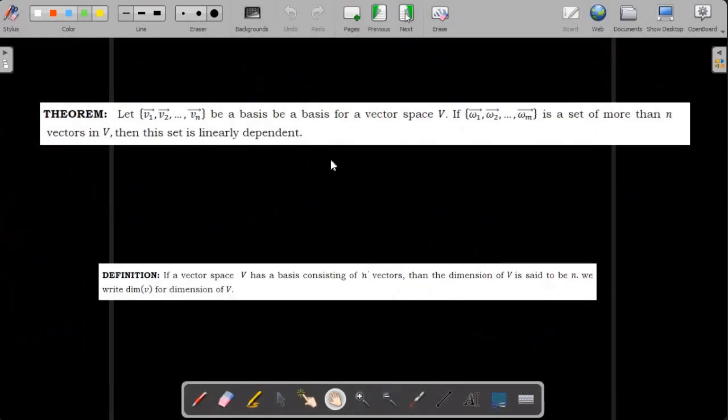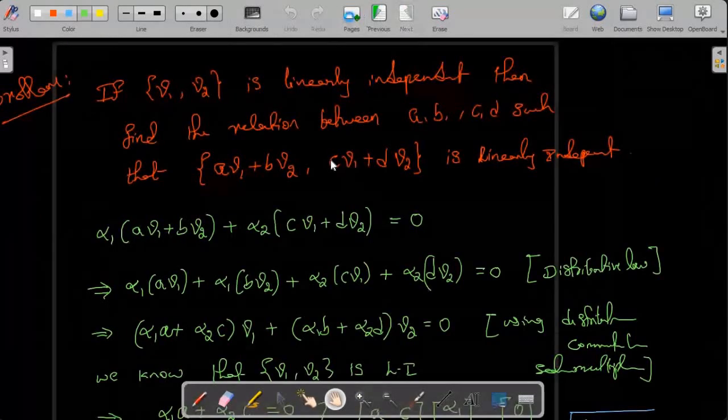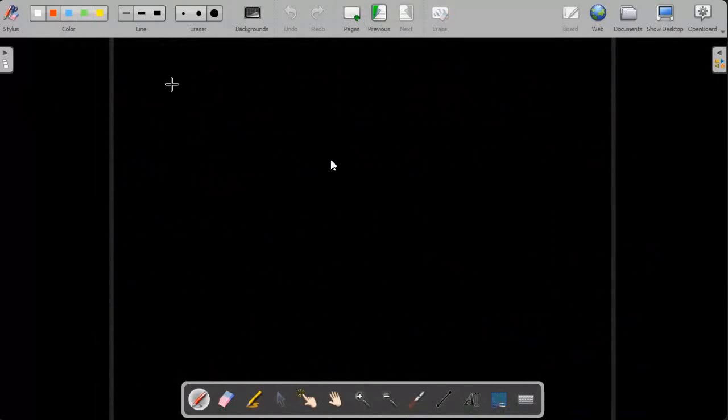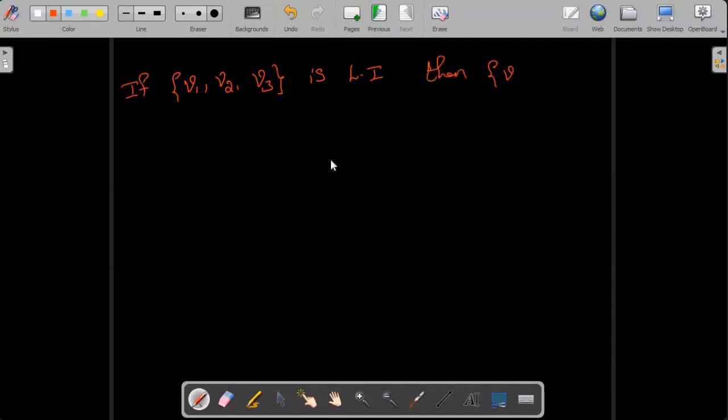Okay. Similarly, there are many problems we can have here. Another one: suppose this set V1, V2, V3 is linearly independent, then I can prove that the other set V1, V1 plus V2, V1 plus V2 plus V3 is also linearly independent.